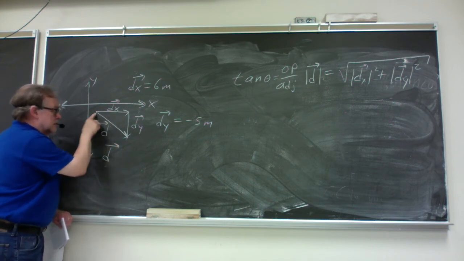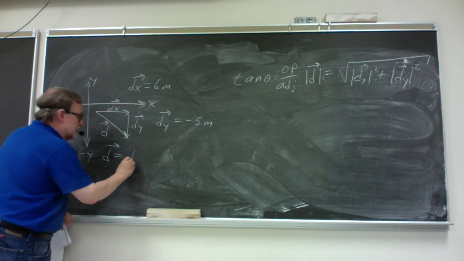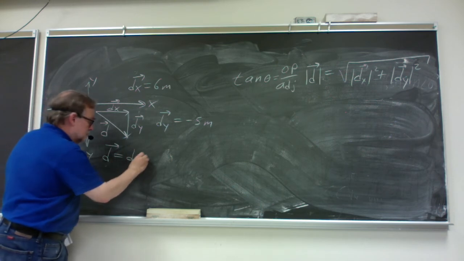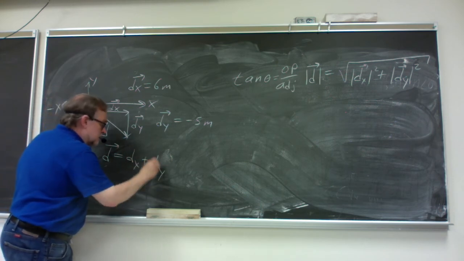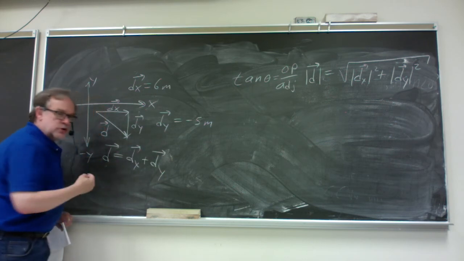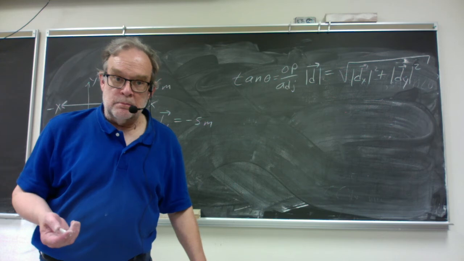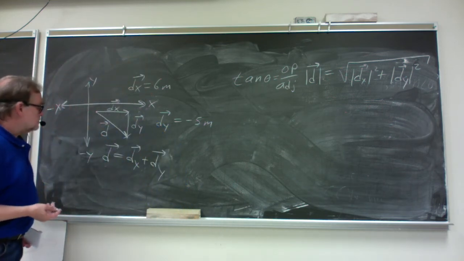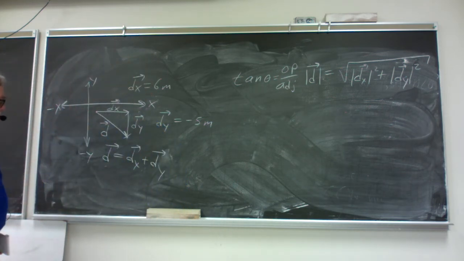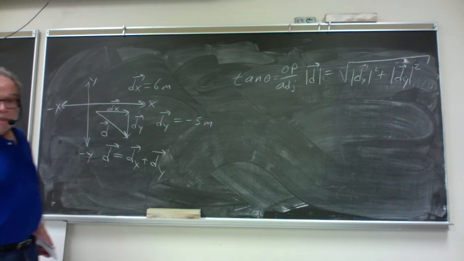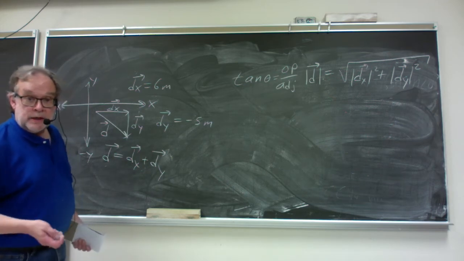So that displacement d is just the same as displacement dx plus displacement dy. The vector itself is the same as the sum of its components. So for the magnitude, we use the Pythagorean theorem.